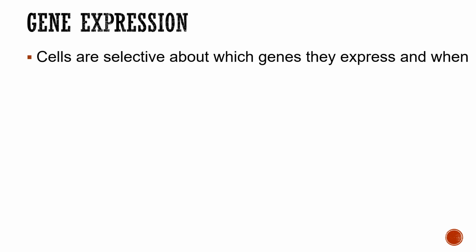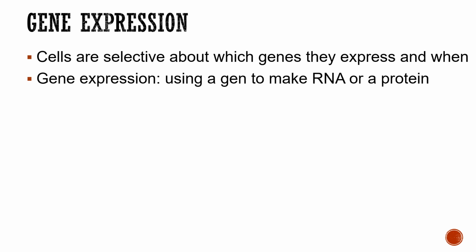All right, so first of all, gene expression, a quick review from transcription and translation. So cells selectively turn on or express genes, including when they're expressed and even if they're expressed.